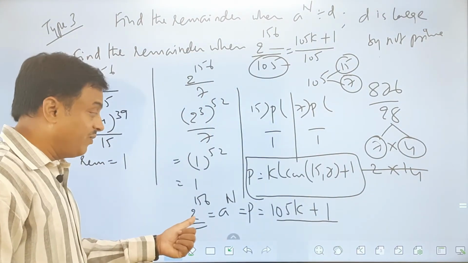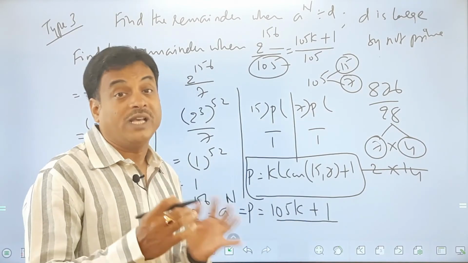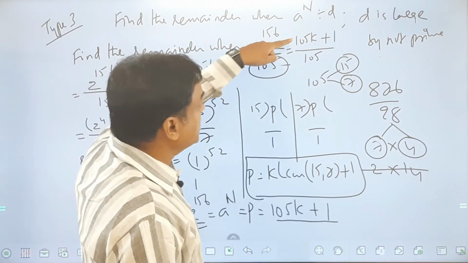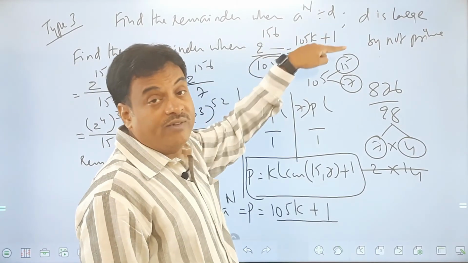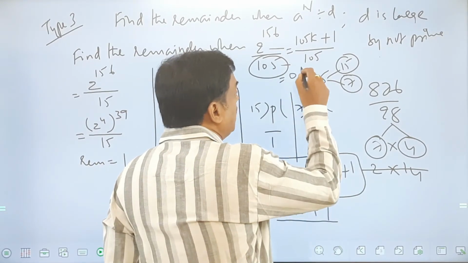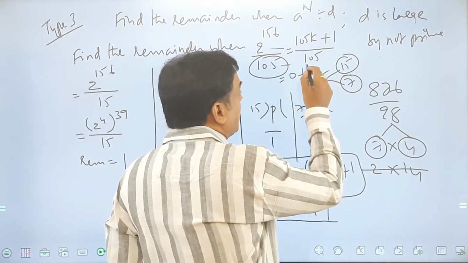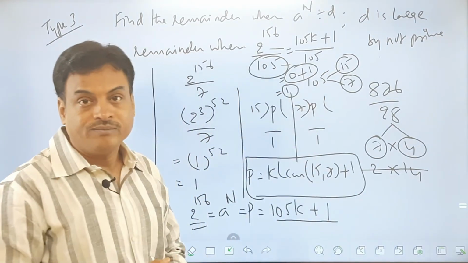It is in the form of 105k, or some multiple of 105, plus 1 kind of a number. Now divide this. Any multiple of 105 divided by 105, remainder is 0. So here I'll get remainder 0, and 1 divided by 105 is 1. My ultimate remainder here is 1. That's my answer. Okay, all of you?